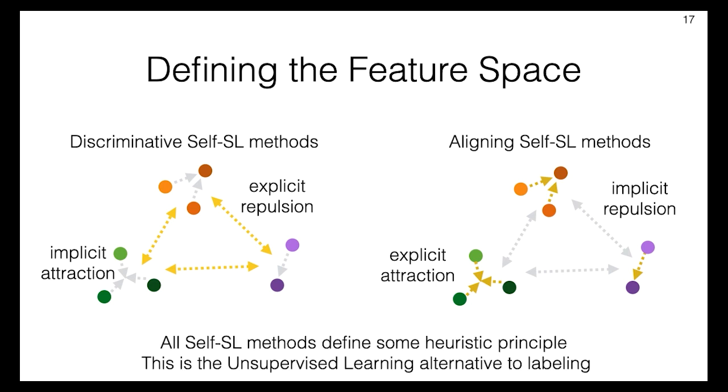In the end, all self-supervised learning methods, old and new, define some heuristic principle that applies to all data equally. Indeed, this is the unsupervised learning alternative to per-sample labeling. Let's now see some examples of both families in the literature.